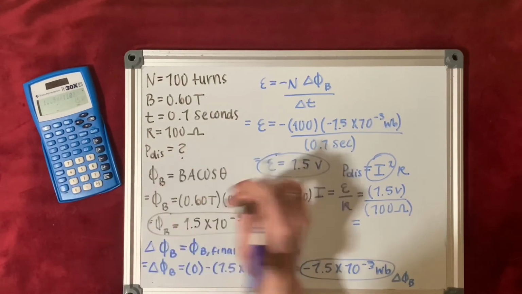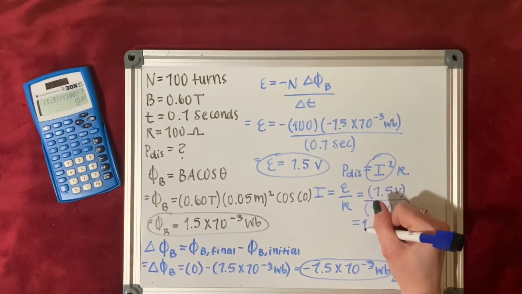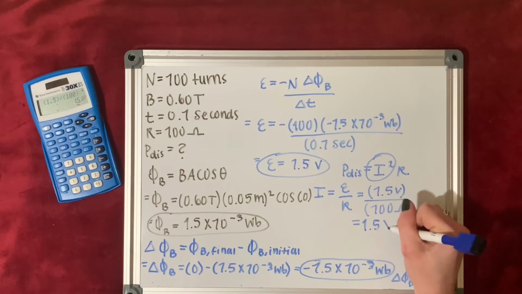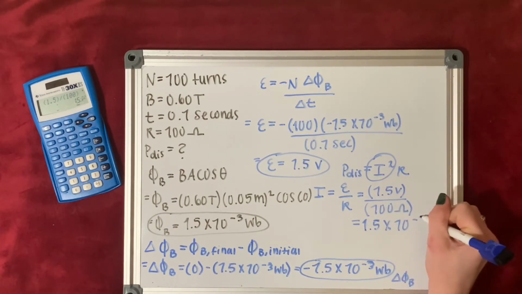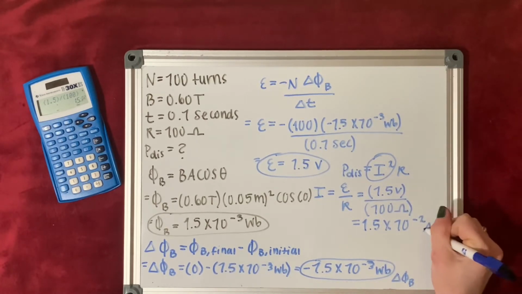We get 1.5 times 10 to the negative second amperes.